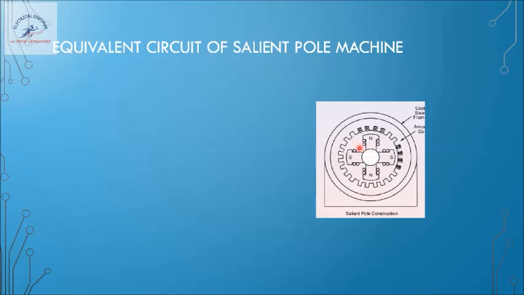As a result, inductance will be less or inductive reactance will be different, and also it will be out of phase. Wherever the flux is very strong, we call it the direct axis flux, and the axis where the flux is weak, we call it the quadrature axis.